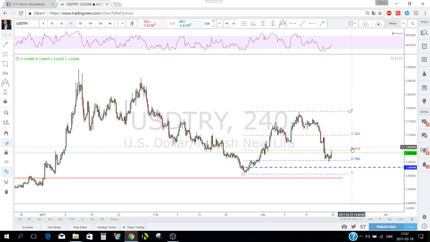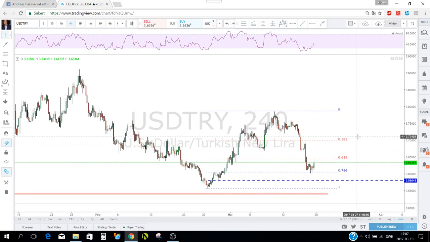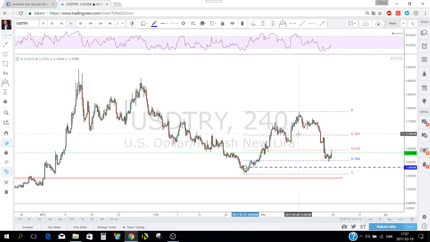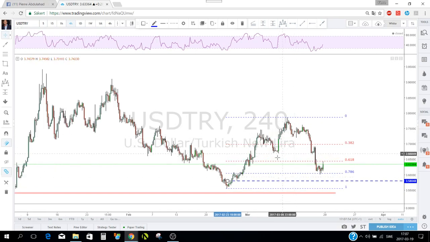And USD Turkey, we are getting back down to my first entry down here. Last time I bought the USD Turkey was around the 24th of February, and as many of you know, I had kept a smaller position on this pair, and I was hedging it to the downside.